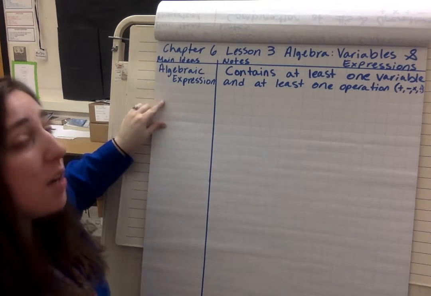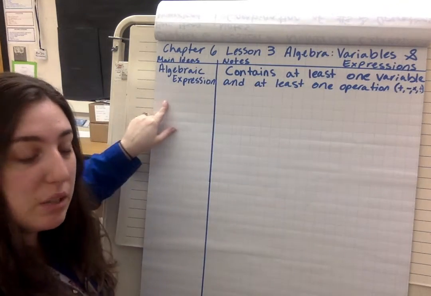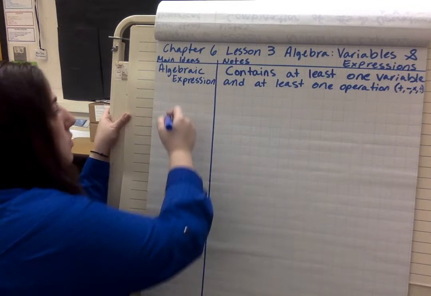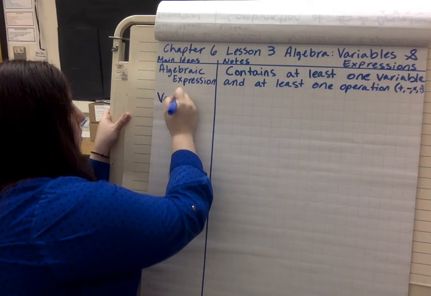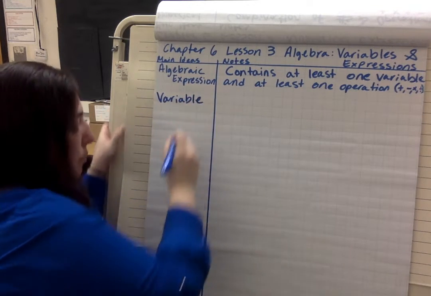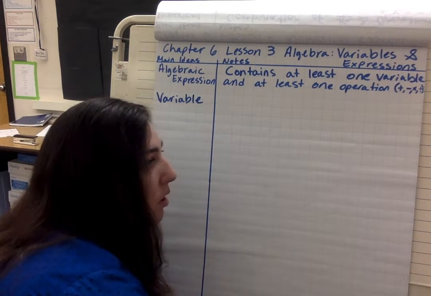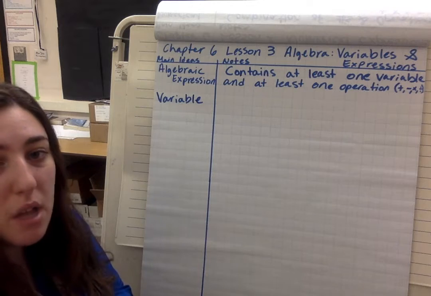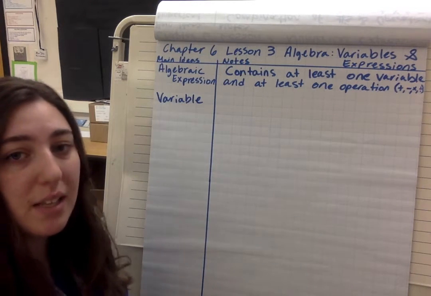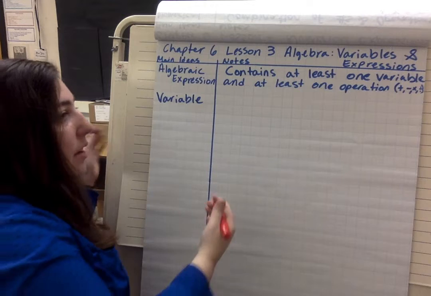Now, we've talked about variables before as well, but let's write a formal definition down. So a variable is a symbol that is used to represent a number. And a lot of times in math, you'll see that symbol as a letter.